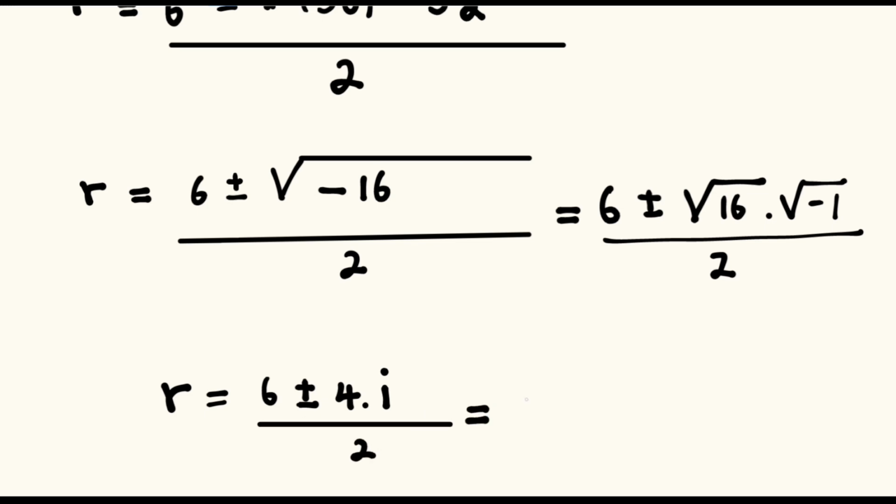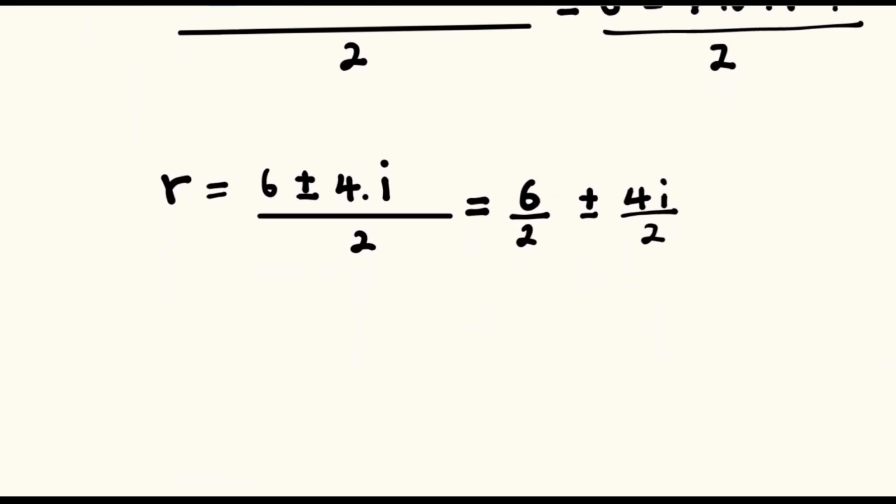So we'll have 6 divided by 2 plus or minus 4i divided also by the 2. So our complex root will be equal to 6 divided by 2, which is equal to 3, plus or minus 4i divided by 2, which is equal to 2i.